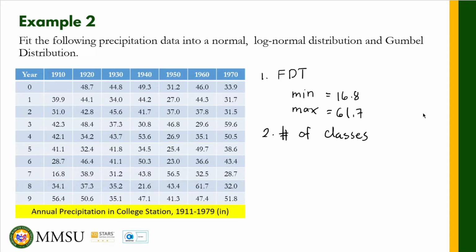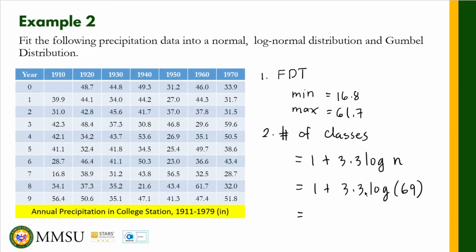In this case, the number of classes is 1 plus 3.3 times logarithm of 69. We have 69 data.